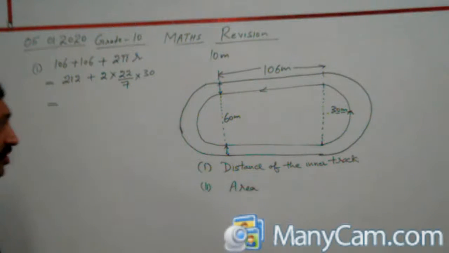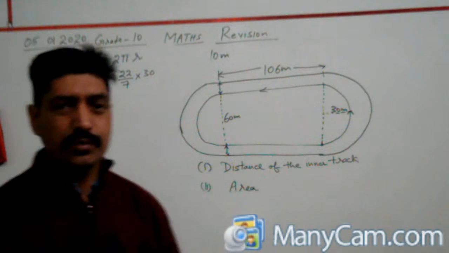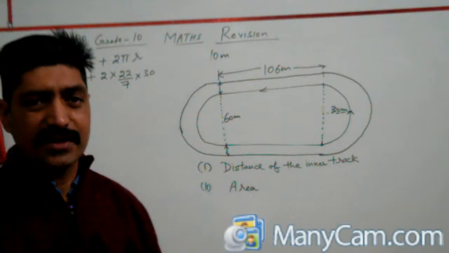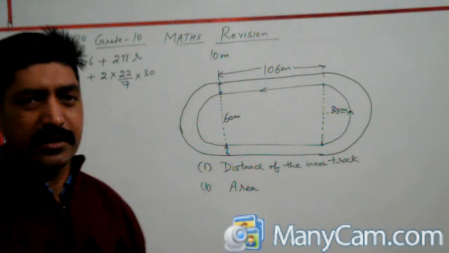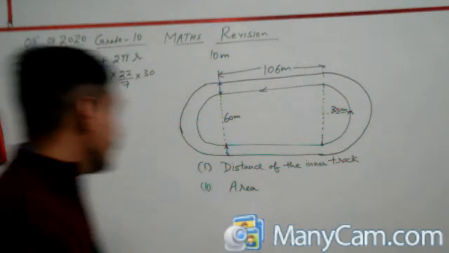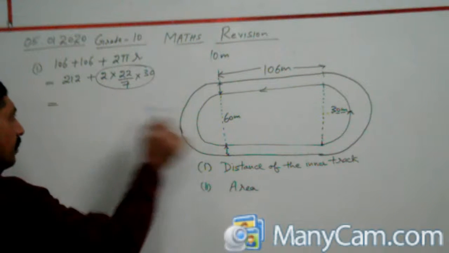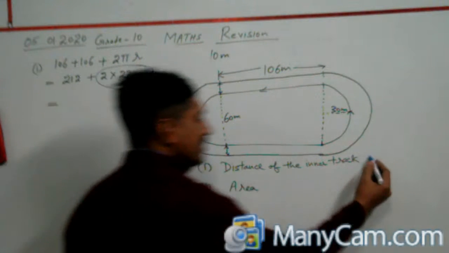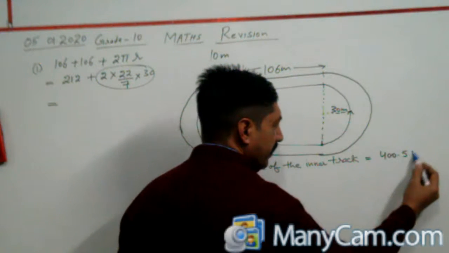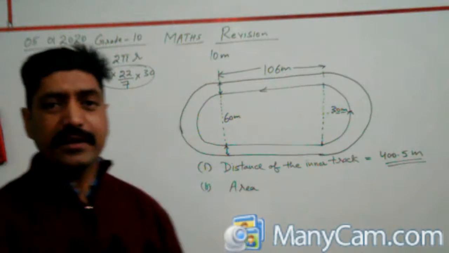Those students who took part in races have an idea of this track: it is a standard track of 400 meters. You will find something near 400.5 meters. Although in your book they have taken it as a fraction, the inner track is approximately a 400 meter track.